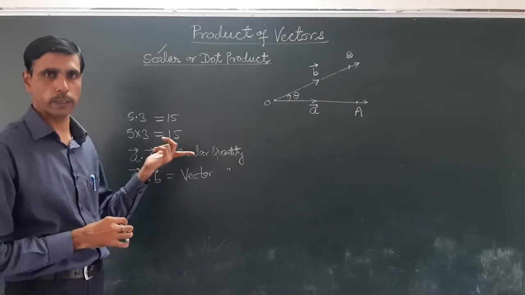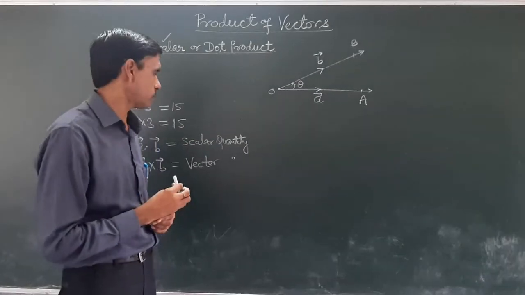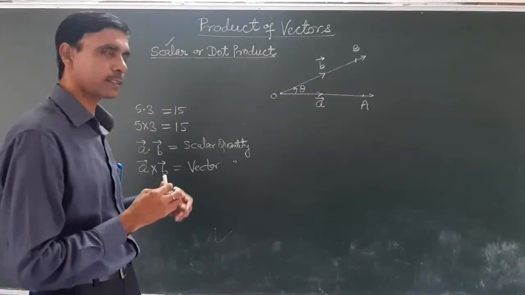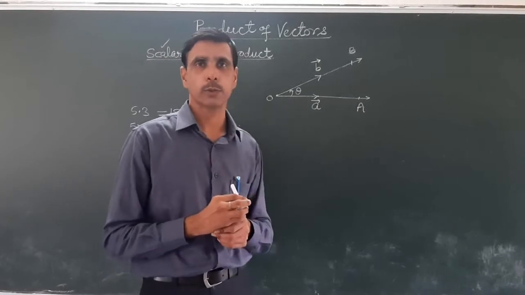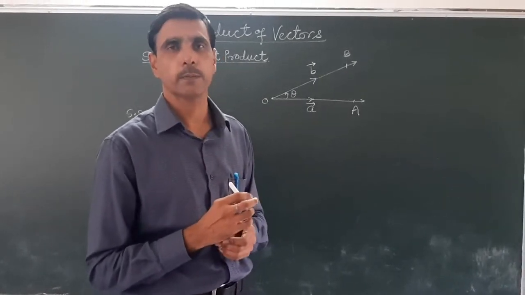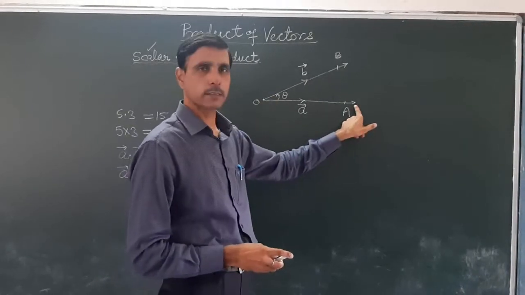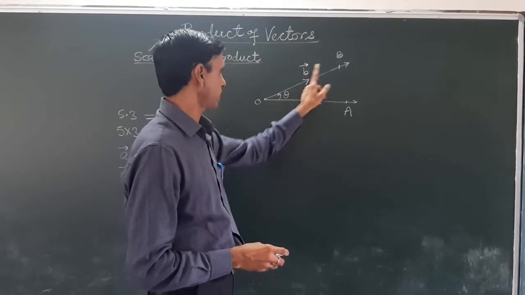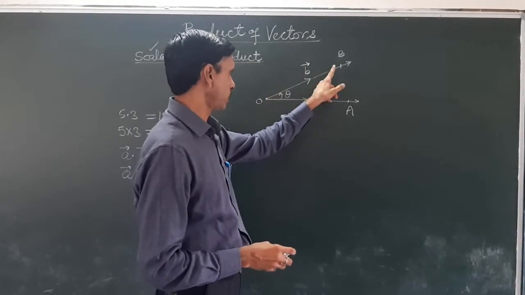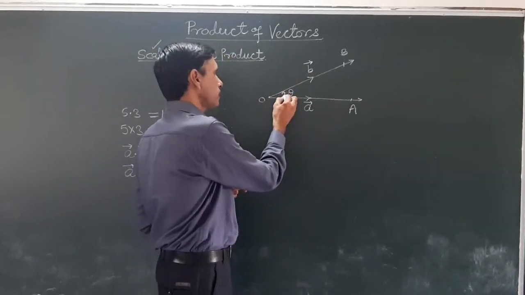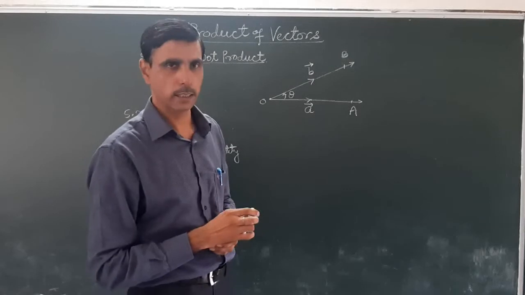Next and last topic after this. So first we have to understand what is the dot product and what is the value of a dot. Suppose these are two vectors denoted by A and B, OA and OB, and they are inclined at an angle theta.